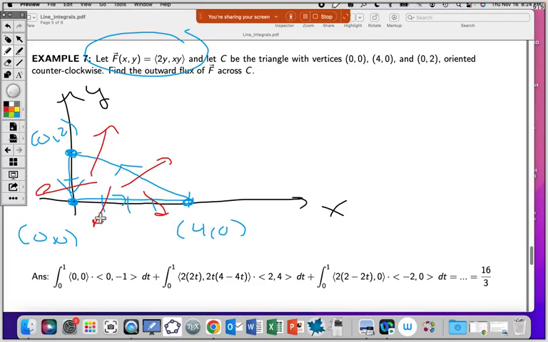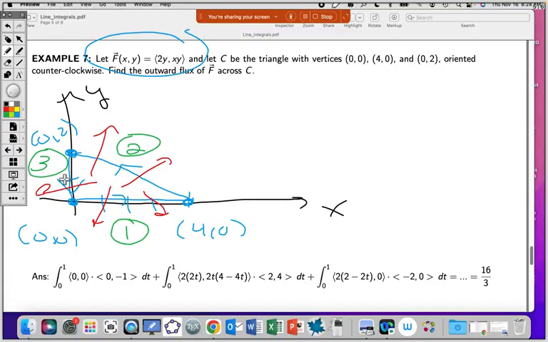So we're going to label the sides. We'll call this side 1, side 2, side 3. And so we'll have 3 little flux integrals and set all these up, and then we'll look at what's going on geometrically to see if our answers make sense.